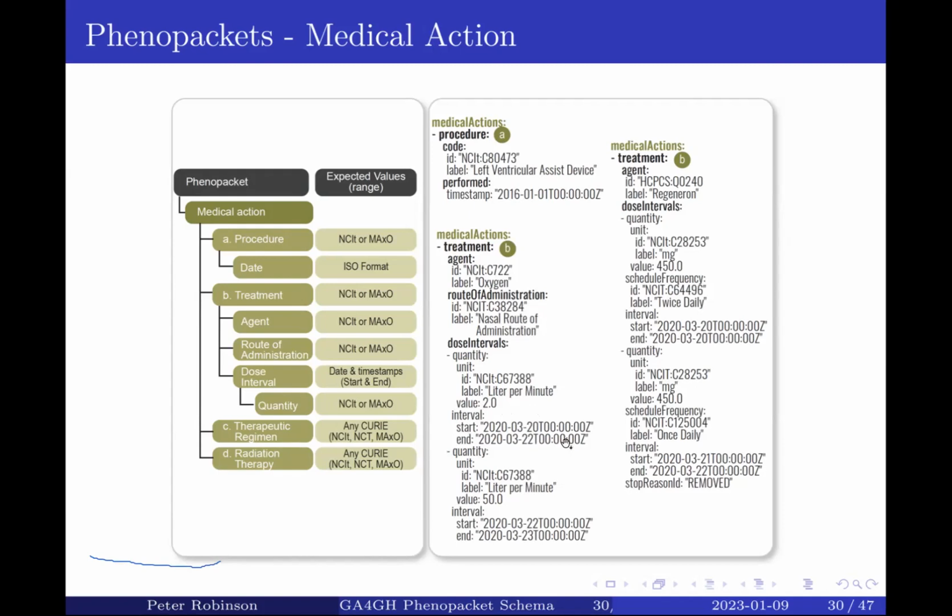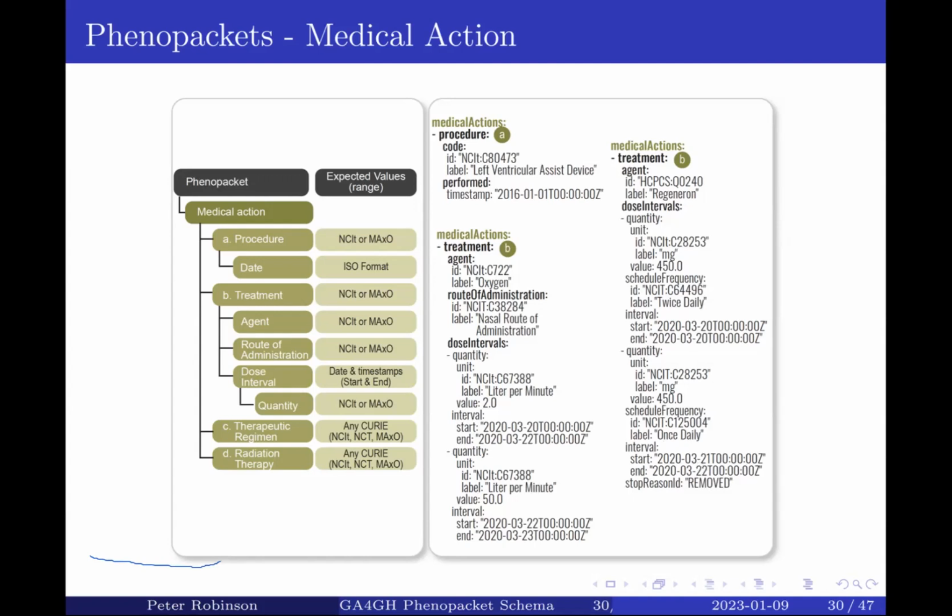Over this period of time, the patient got very ill and was then given 50 liters a minute for a day or so. The patient was also treated with the Regeneron antibody cocktail, twice a day, a certain number of milligrams, and this was the total interval while it was used.